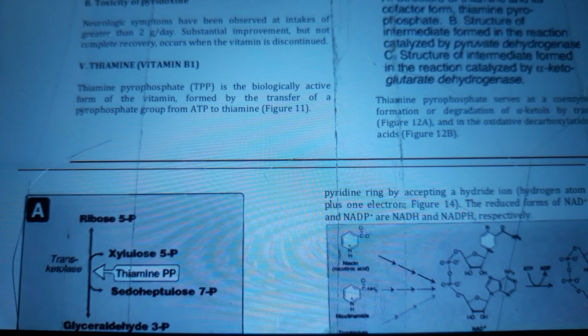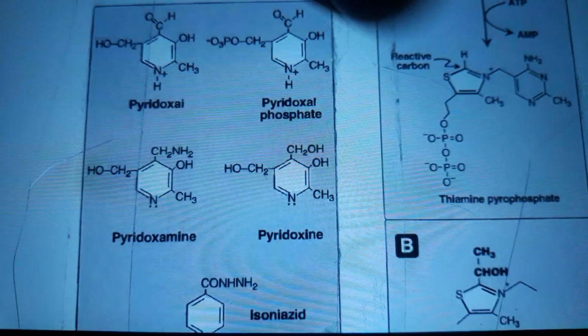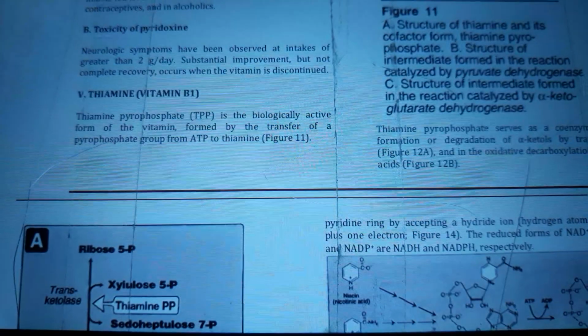Thiamine, or vitamin B1. Thiamine pyrophosphate, TPP, is the biologically active form of the vitamin, formed by the transfer of a pyrophosphate group from ATP to thiamine, as shown in figure 11. Now, have a look at this diagram. Please take screenshots and make the necessary printouts.